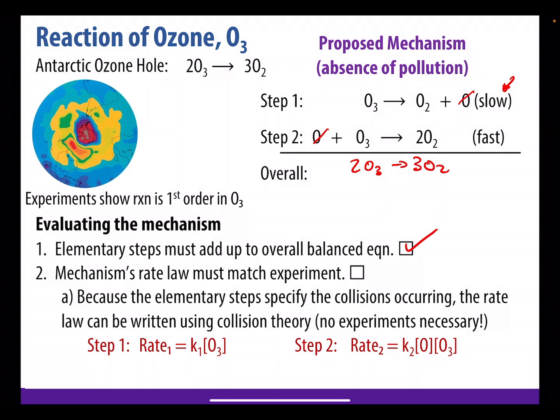Now, the rate of the overall reaction is equal to the rate of the rate determining step, which is equal to k1 times [O3], because that's the slow step. And does that match experiment? Well, experiments show the reaction is first order in O3. That matches. This rate law predicts that it should be first order in O3. So it does match experiment.